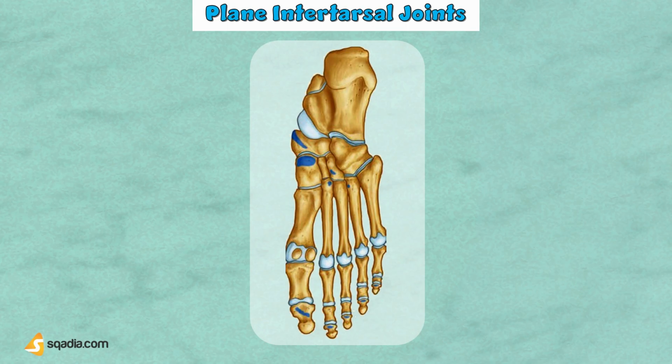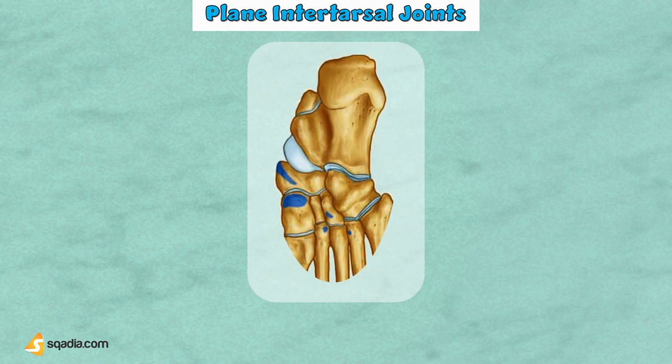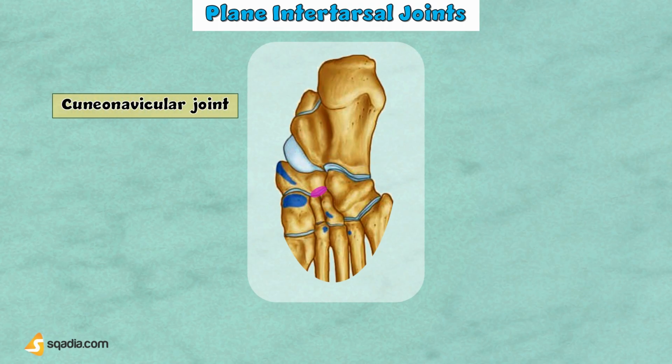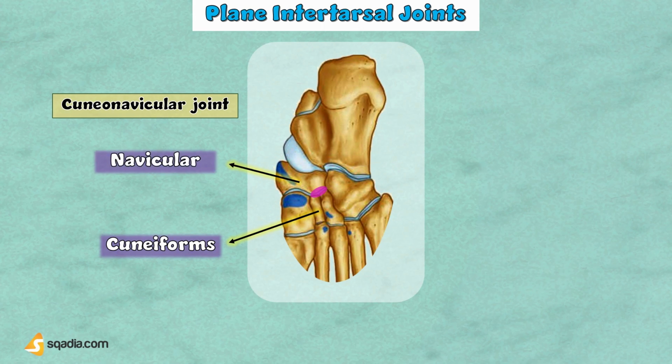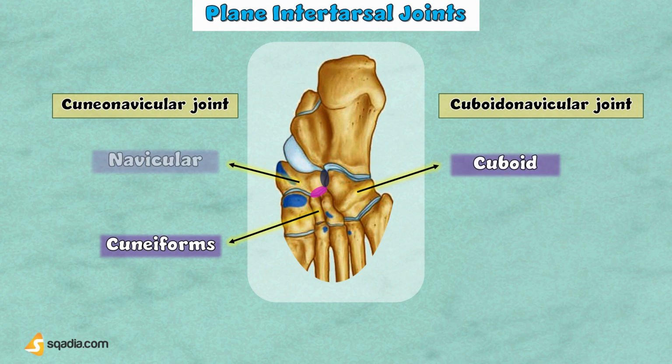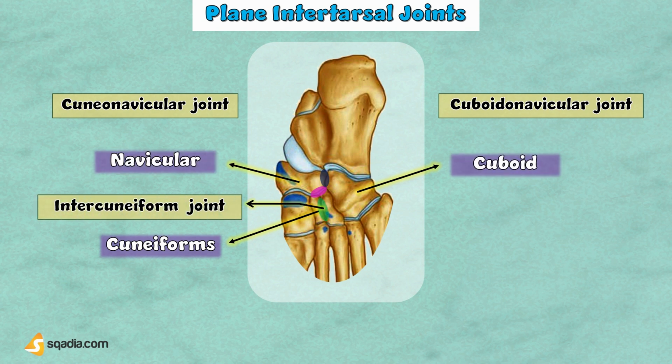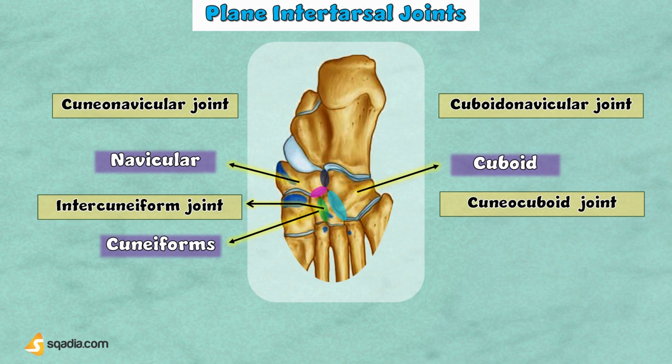If we talk about the cuneonavicular joint, as the name suggests, it connects the cuneiform bones to the navicular bone, while the cuboid-navicular joint connects the cuboid bone to the navicular bone. The intercuneiform joints are the joints between the 3 cuneiform bones. The cuneo-cuboid joint connects the lateral cuneiform bone to the cuboid bone.